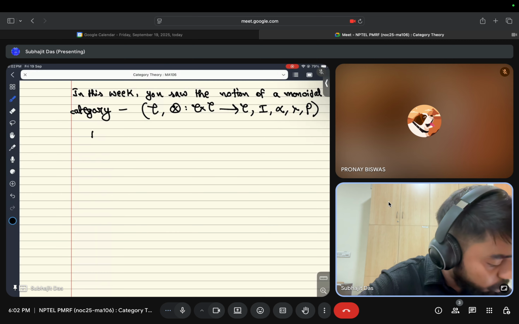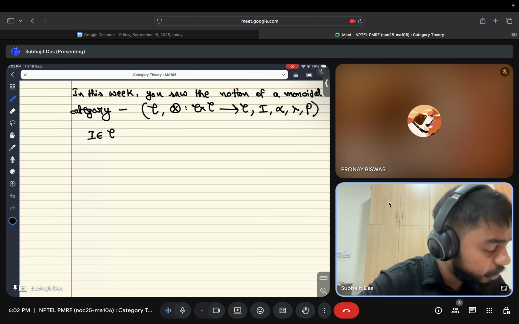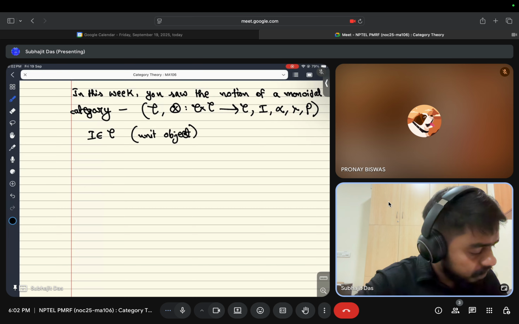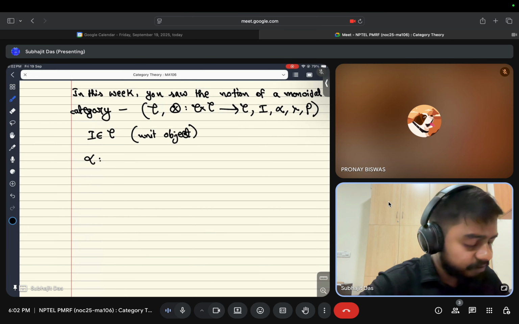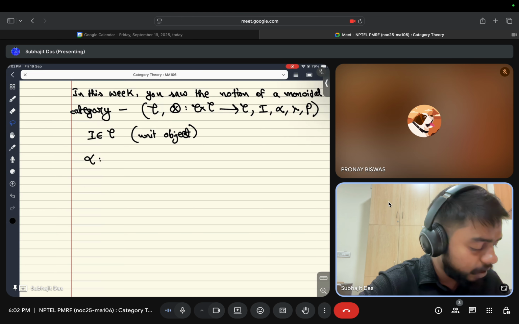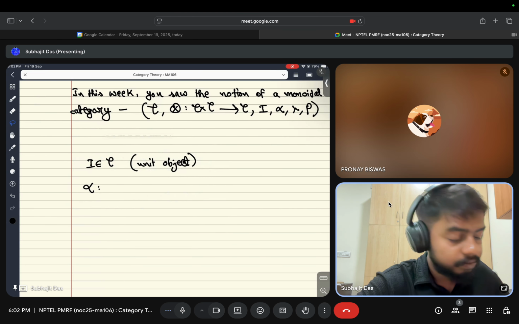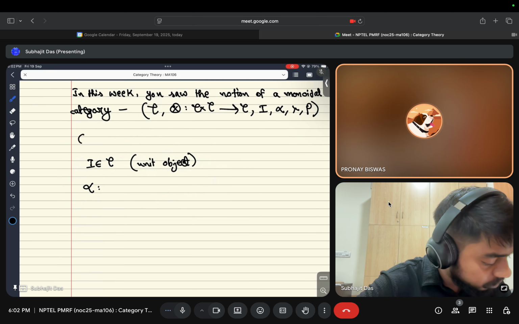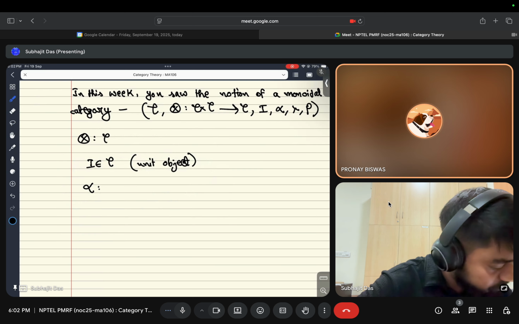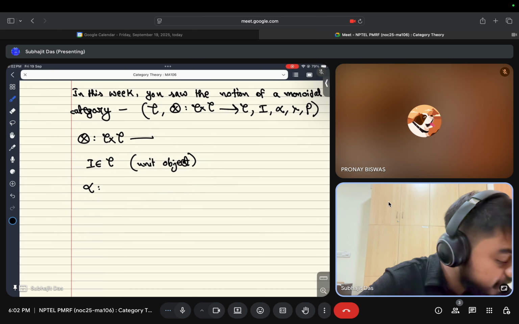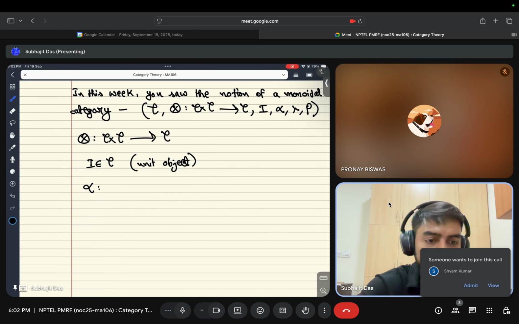So I is an object in C called the unit object. Alpha is a natural isomorphism. So alpha is the associator. It's a natural isomorphism from what to what? Yeah, so it's supposed to capture associativity. So it should be a natural isomorphism from what to what?